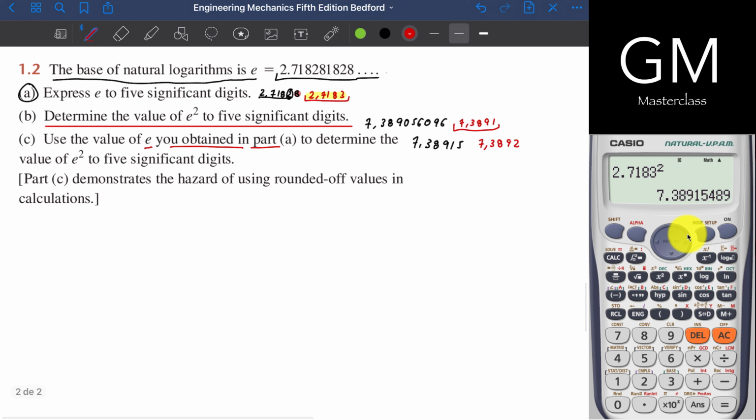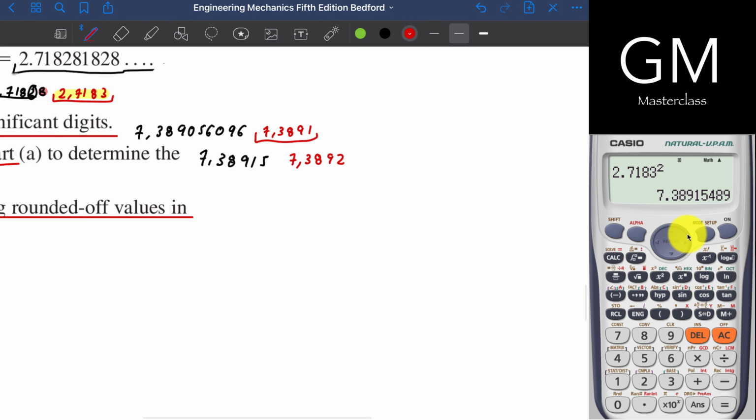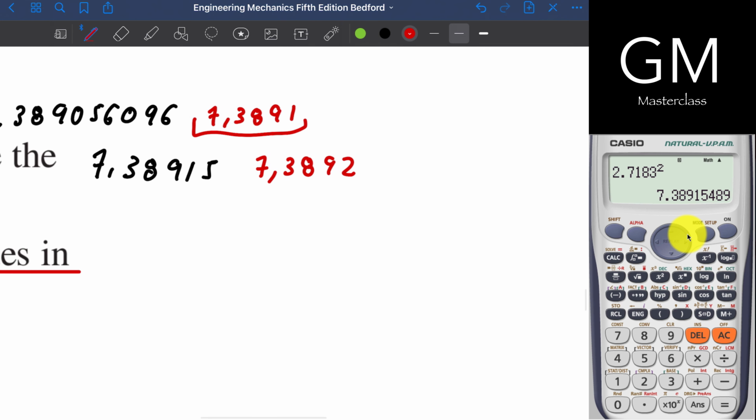And demonstrate the hazard of using rounded-off values in calculations. We can demonstrate it, and we have already demonstrated that, but we just have to analyze it.